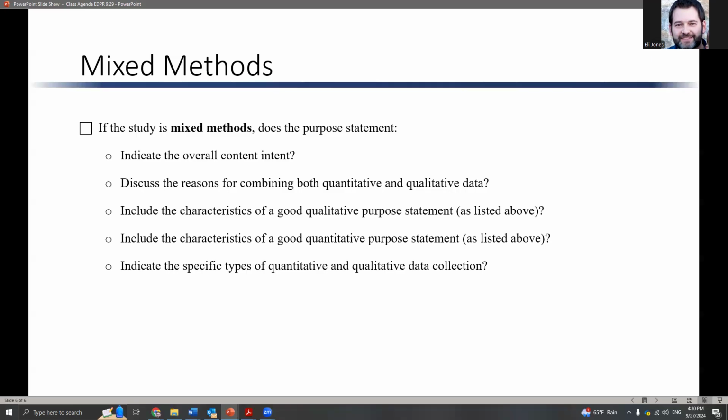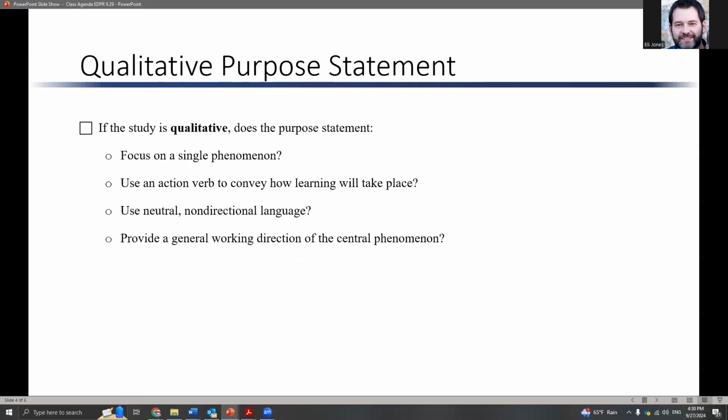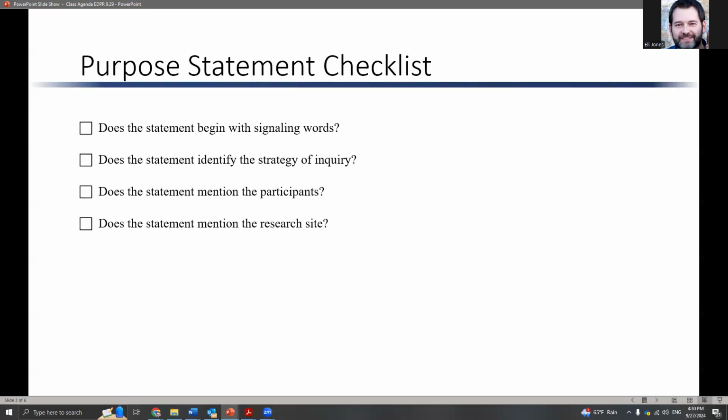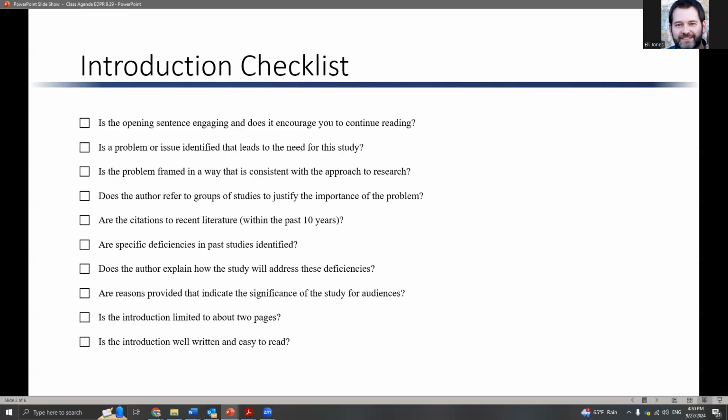Now, for a first draft, you might not have all of this, but I hope that this checklist, especially the first 4, can really help you as you are preparing your purpose statement and your introduction, to know what you need to be putting in there in order to really get the best possible amount of information and utility out of your introduction.